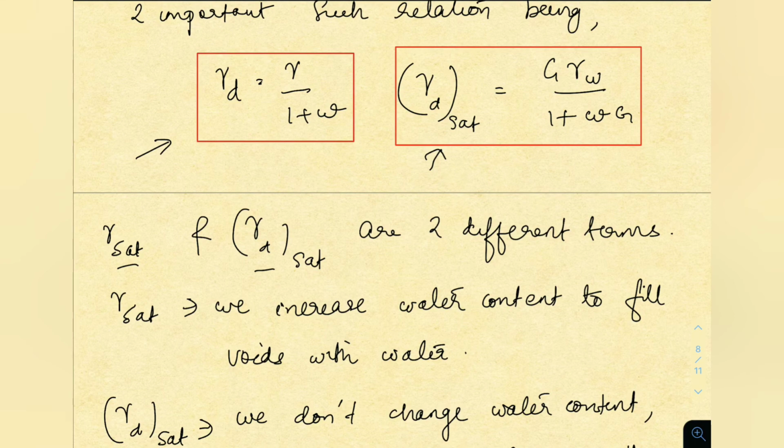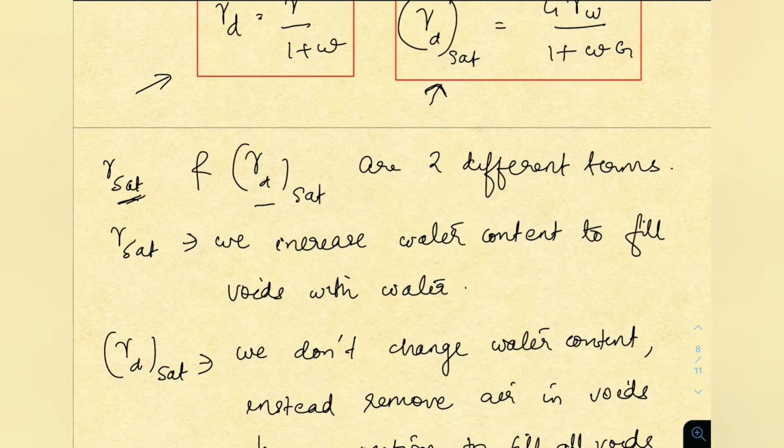But gamma d sat means that we are compacting the soil in order to expel all the air in the voids, and thereby the voids get filled with the water content which is available at that state. So we are not increasing the water content in gamma d sat, whereas we are increasing the water content in gamma sat.